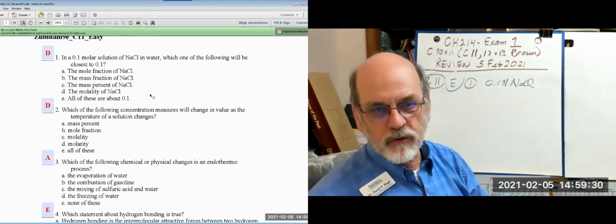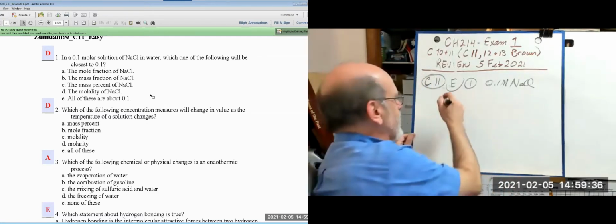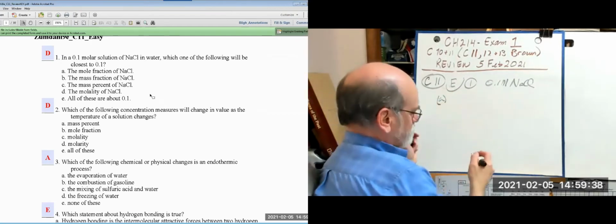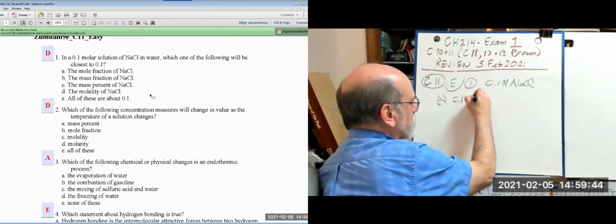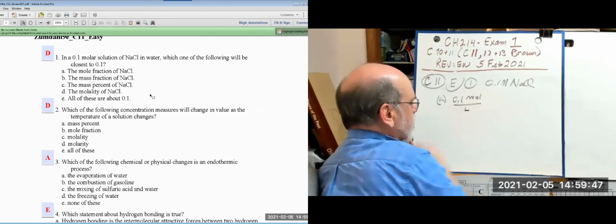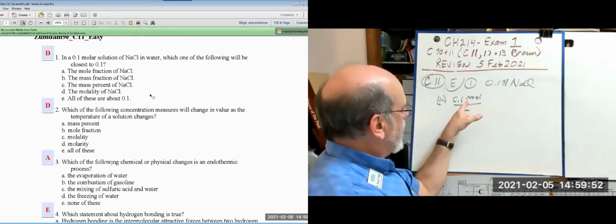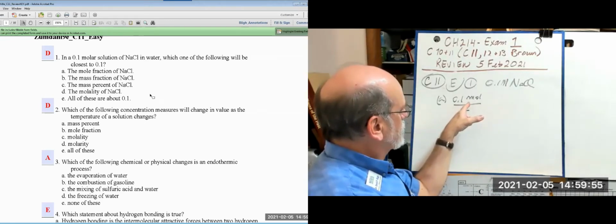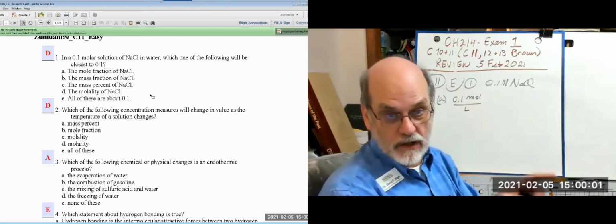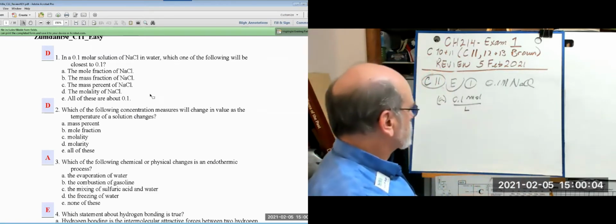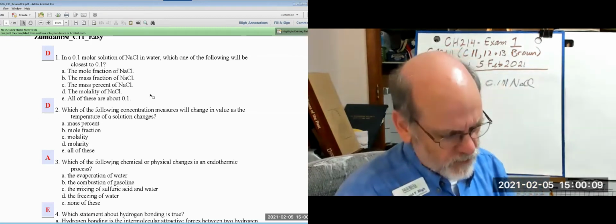So what would be the mole fraction for 0.1 molar sodium chloride? That's A. Well, 0.1 molar is moles per liter, and we want to convert that to mole fraction. So what we need is how many moles is that relative to moles of water? Let's see. How did I approach this before?